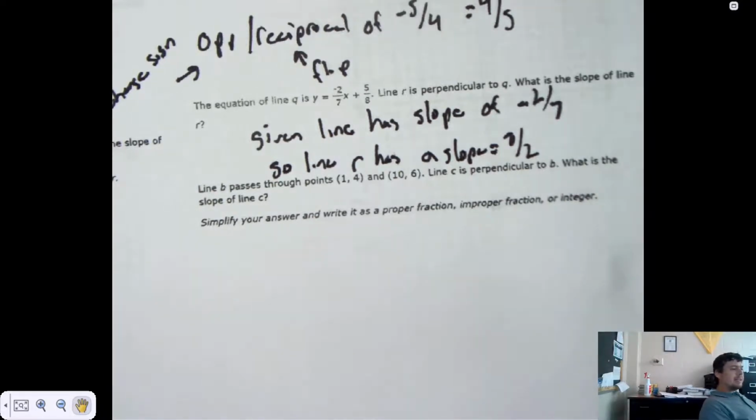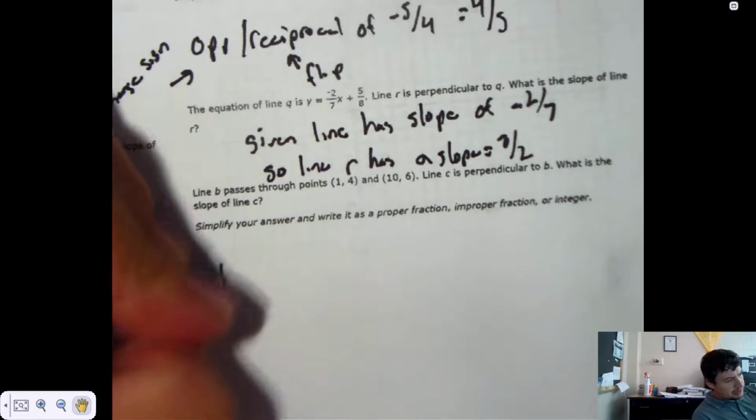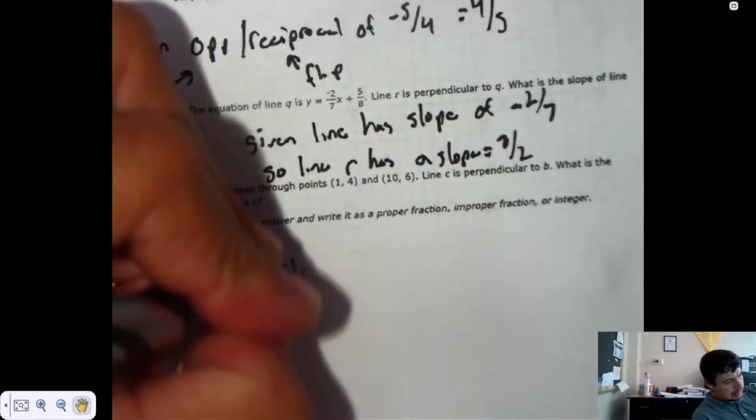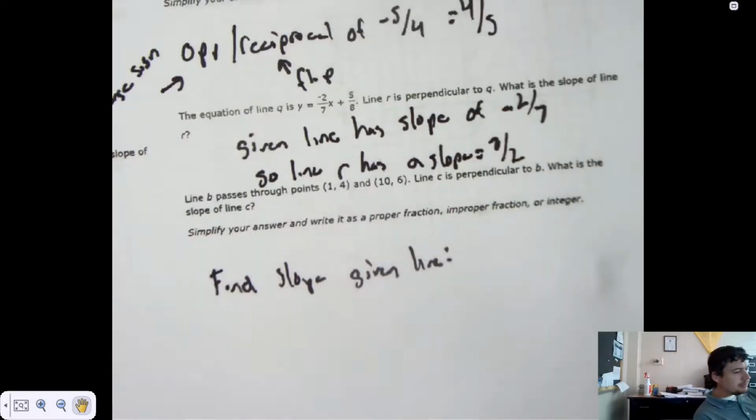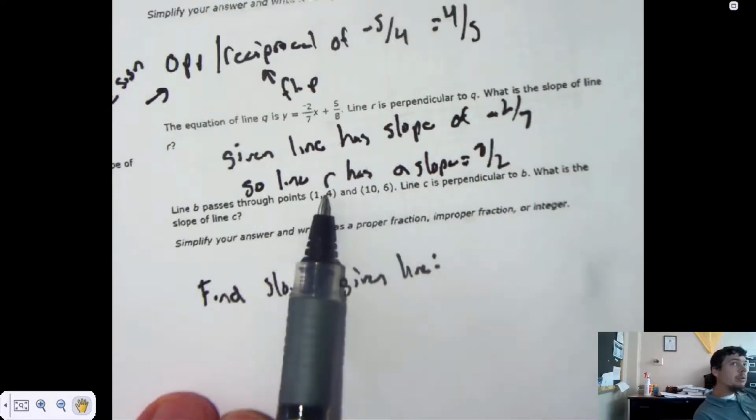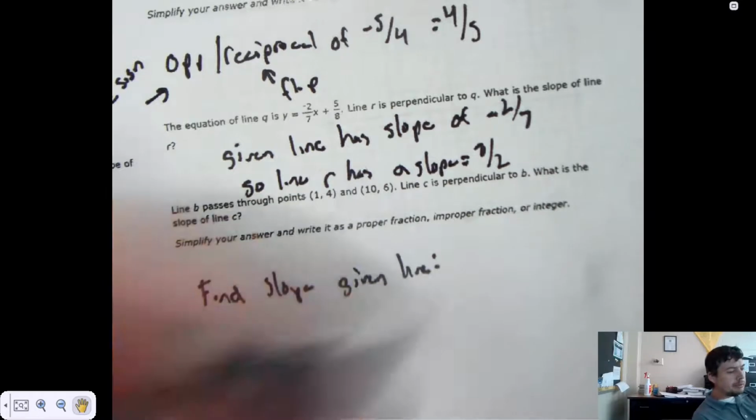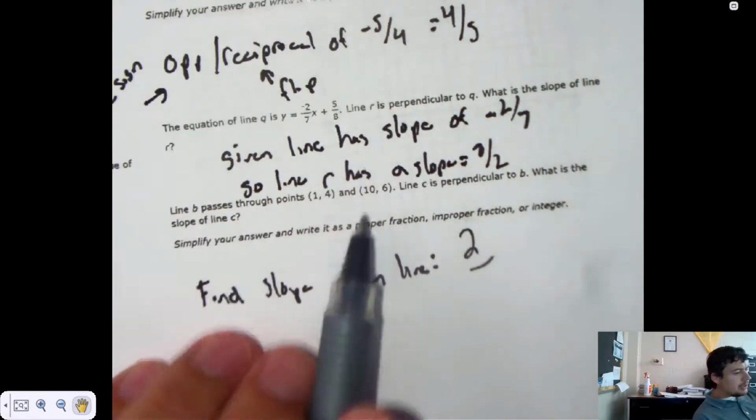All right, and this one's kind of like one that we did earlier, except we're dealing with perpendicular. So what we're going to do is we're going to find the slope of the given line. There's a formula for that. What's 6 take away 4? 2. How about 10 take away 1? 9.